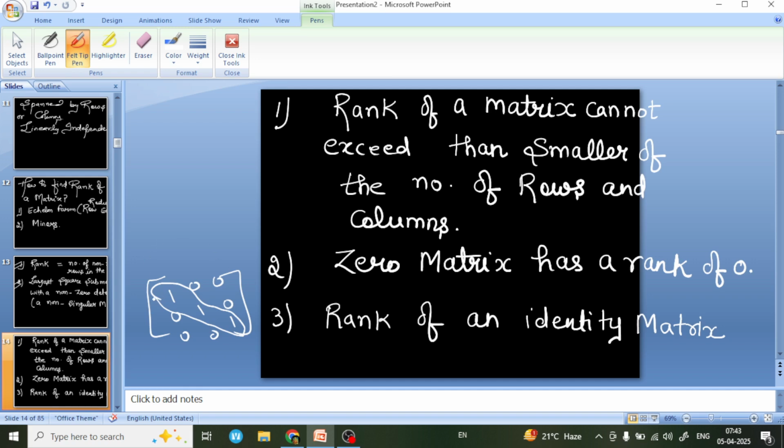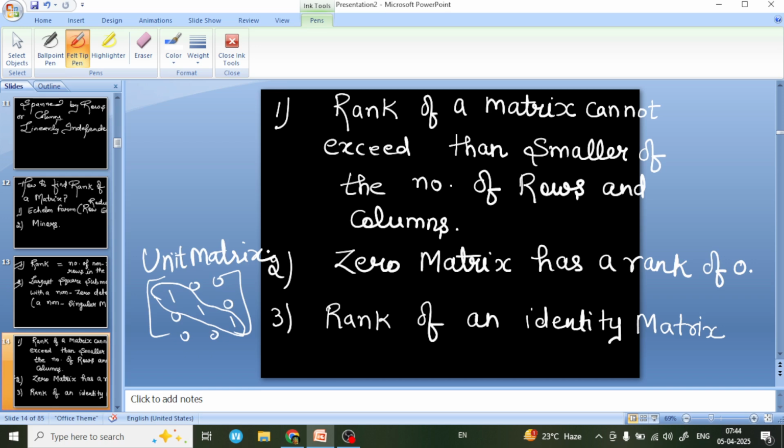This is a scalar unit matrix. No, I am right.